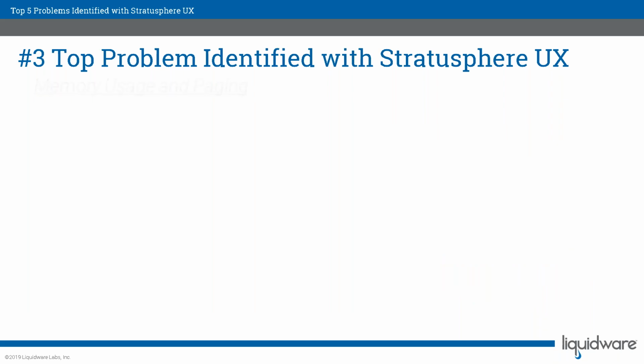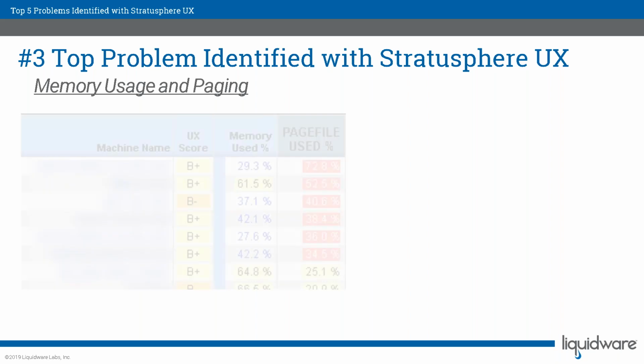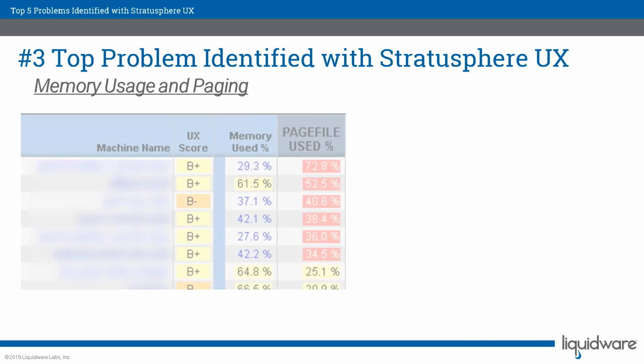Number three, memory usage and paging. So this goes along a little bit with the information about not rebooting. So users, I've given you 6 gig of RAM, and you're constantly calling me telling me that you need more memory. I can use Stratusphere to graph that and find out what applications are eating up all of your memory. Maybe you have an application with a memory leak.